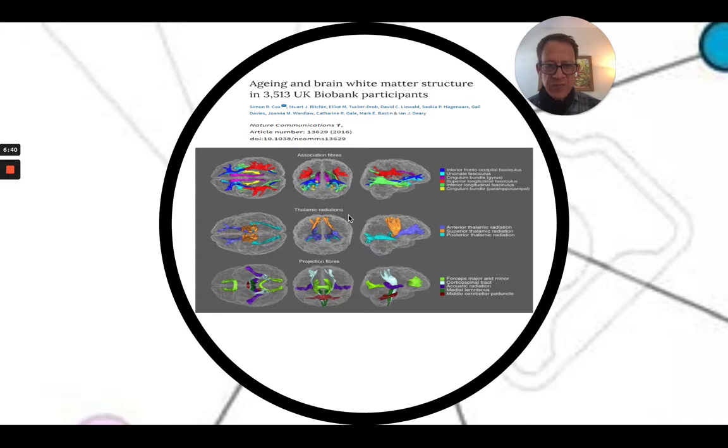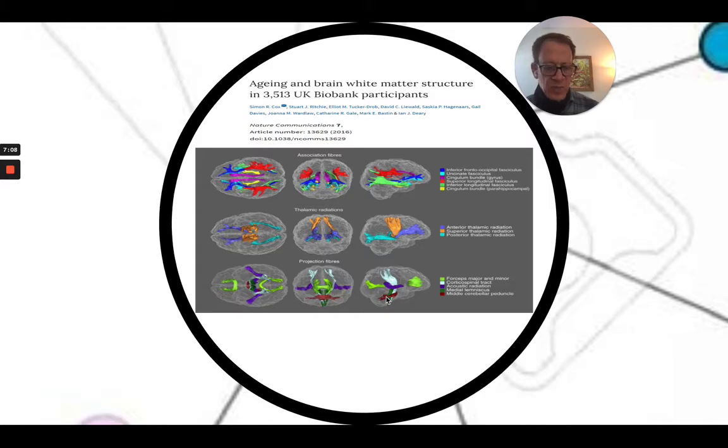And then the projection fibers: we talked a little bit about the corticospinal tract, which we see here in white, but we also have aspects of the forceps major and minor, the acoustic radiation from the thalamus, the medial lemniscus, and the middle cerebellar peduncle, which are projections across motor fiber areas as well.